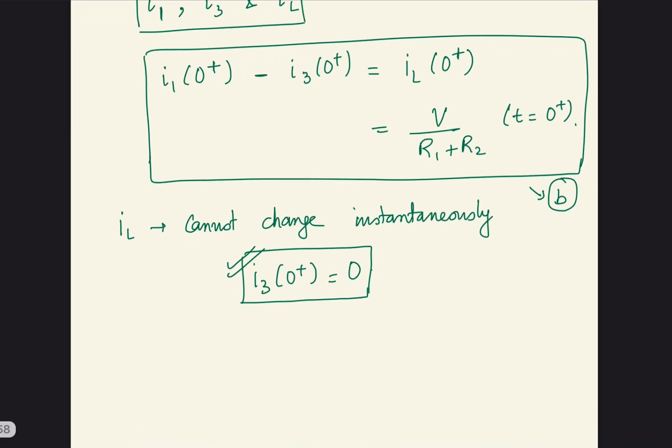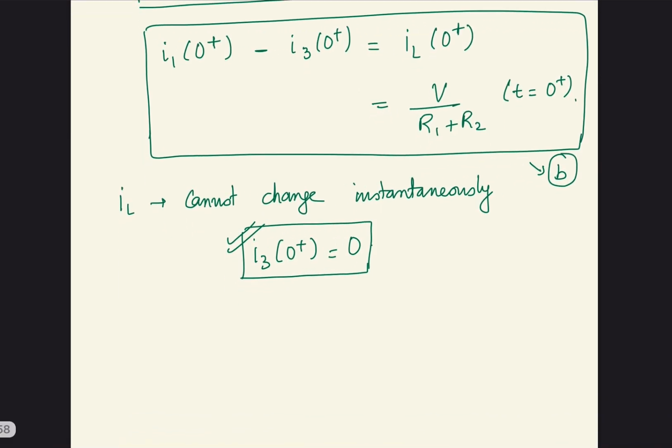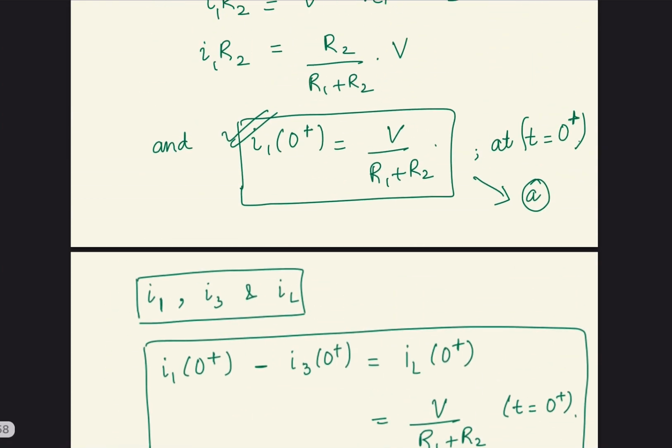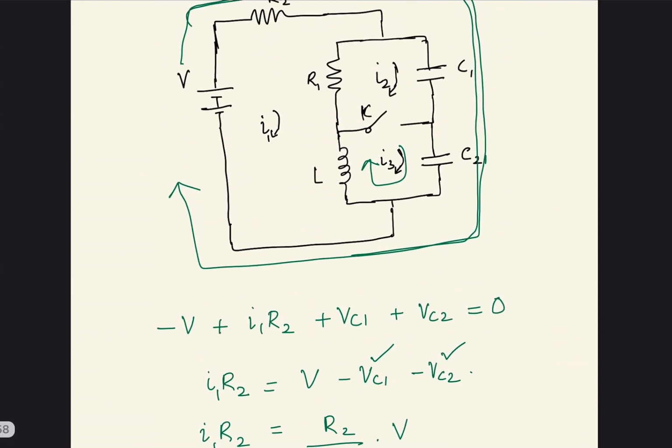Fine. Now we are left with finding the relationship for I2 at 0 plus. So how do we find this I2 at 0 plus? For I2 at 0 plus, we can see the relationship between the currents I1 and I2.